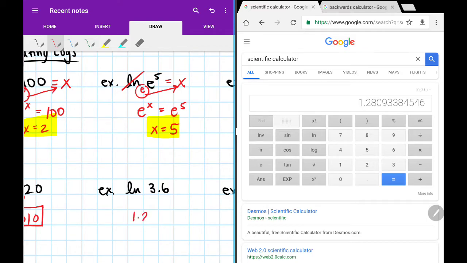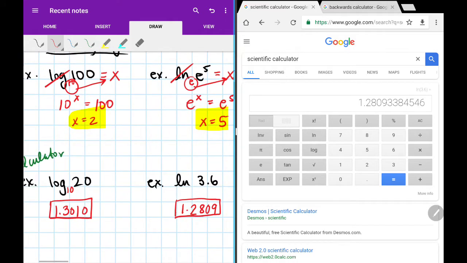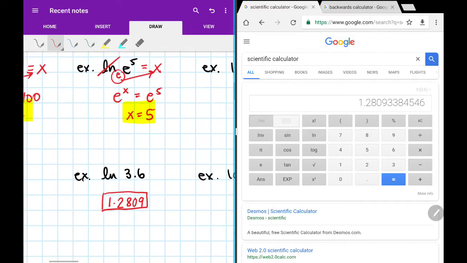It's equal to 1.2809. Sweet. So when we can't think of the exponent off the top of our head, it's not something we can easily calculate, we'll use our calculator.